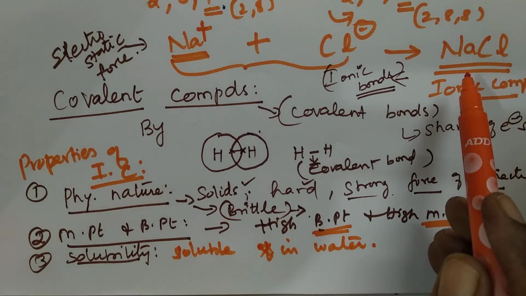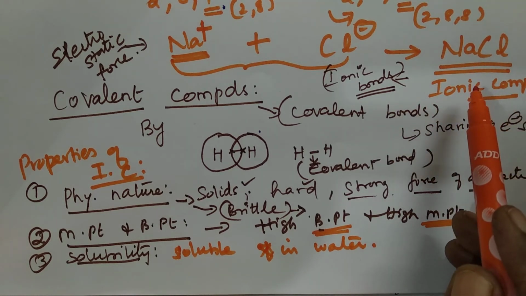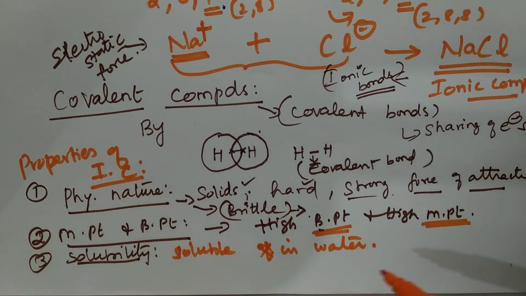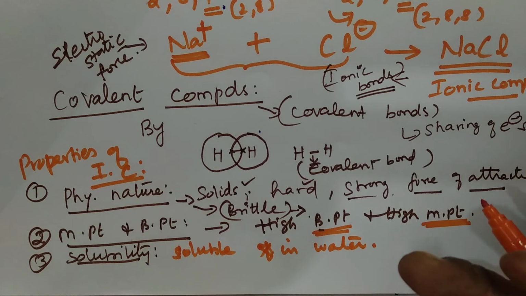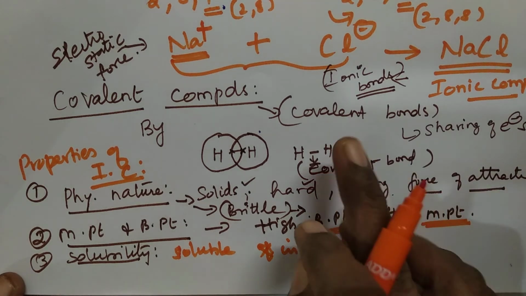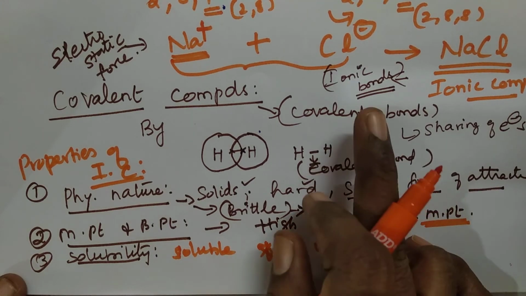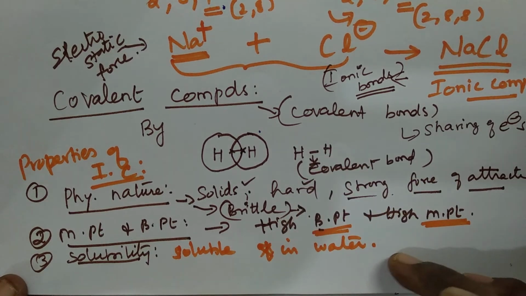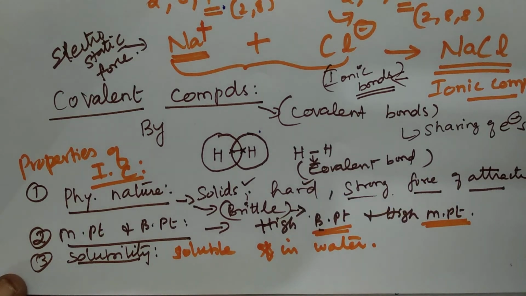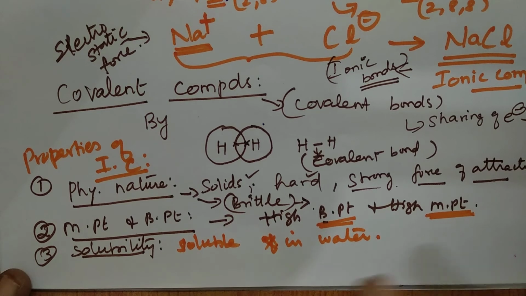Otherwise they are also called ionic compounds. So they are soluble in polar solvents like water, whereas organic compounds, which are nothing but covalent compounds, are not soluble in water but only in organic solvents.